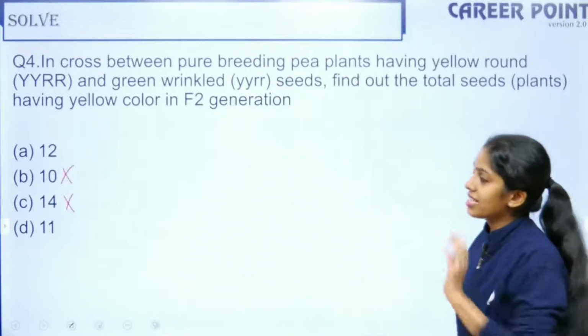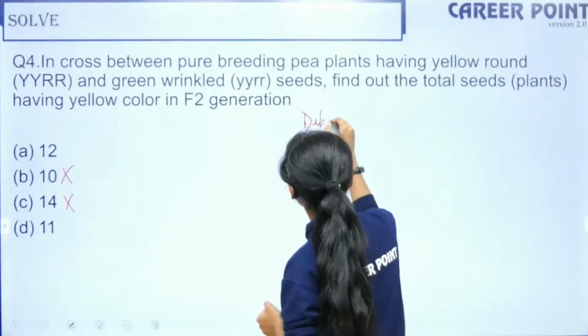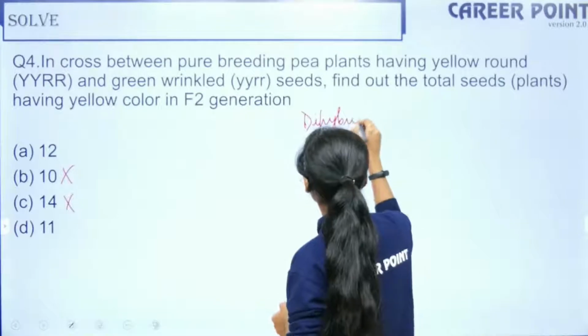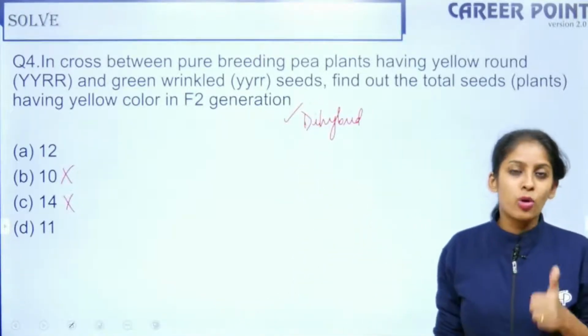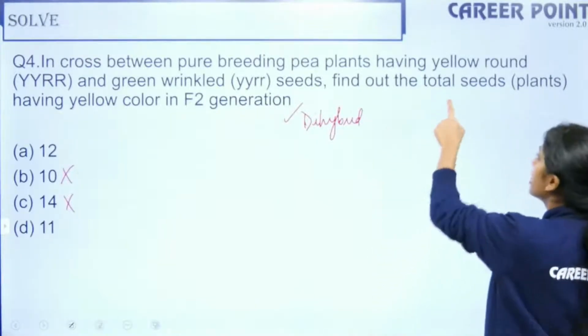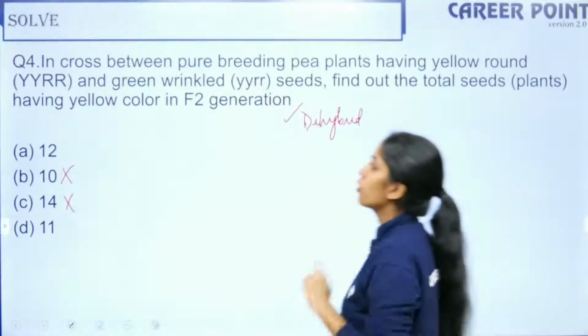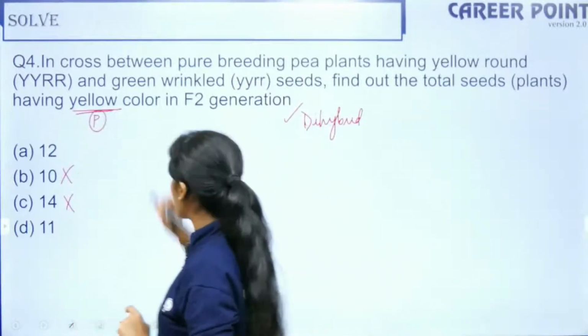Okay. So, looking at the question, it's clear they are asking about a dihybrid cross. So this is the first thing you have to note: whether it's monohybrid, dihybrid or trihybrid. The next thing, they are asking you to find the total number of seeds having yellow color. So this talks about the phenotypic ratio.